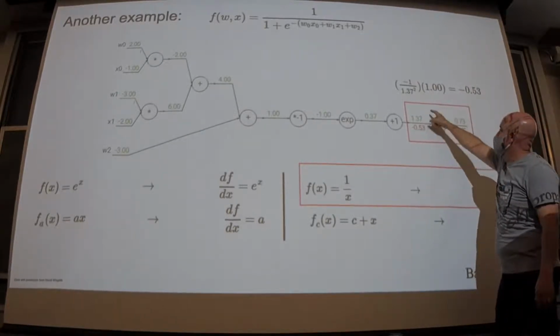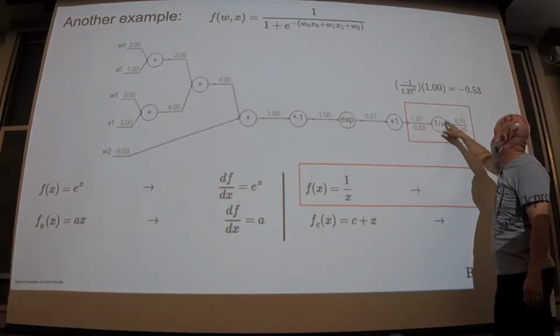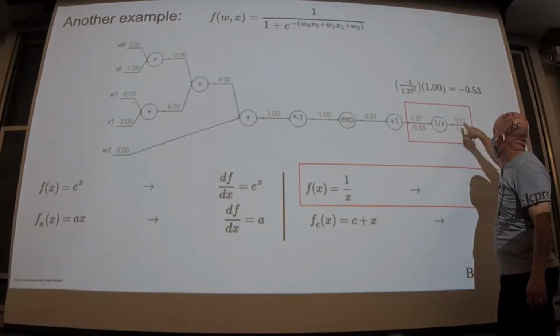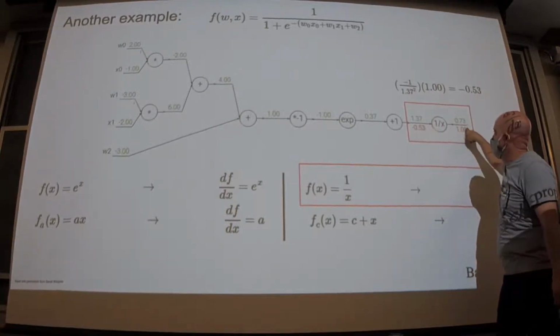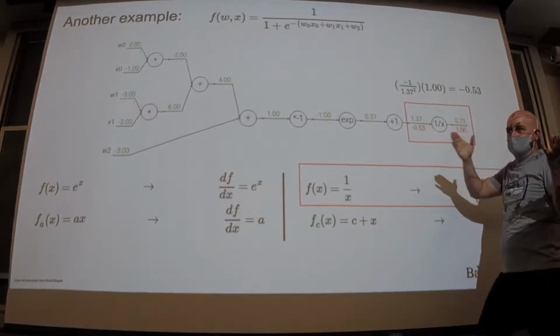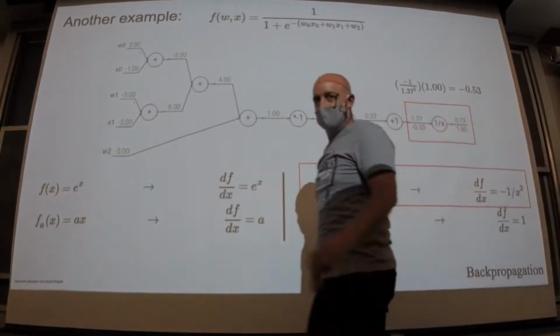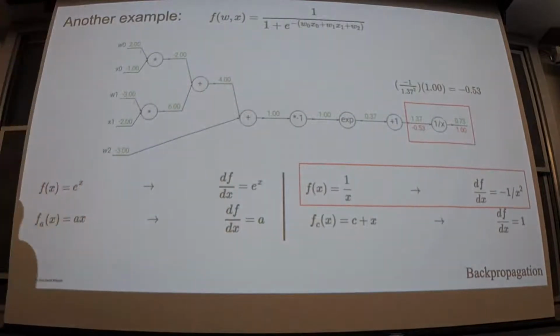This is now partial f partial y. But over here, this was partial f partial f. So that's just a 1, right? It's the simplest thing. So it's always a 1. I saw other hands. These are good questions.